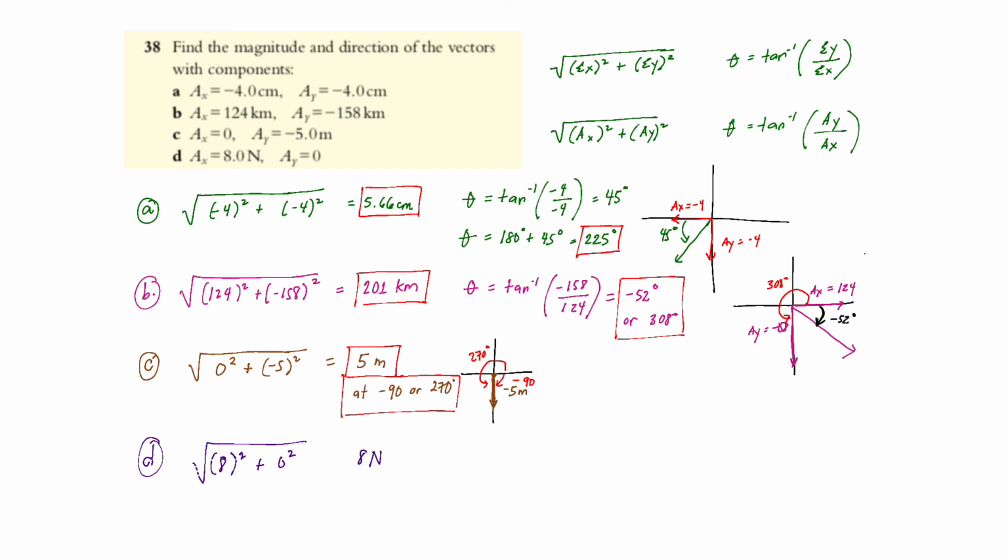But what is the angle? If we sketch it, that would be 8 Newton going to the right, and that is 8 Newton at 0 degrees. And so this will be our final answer.